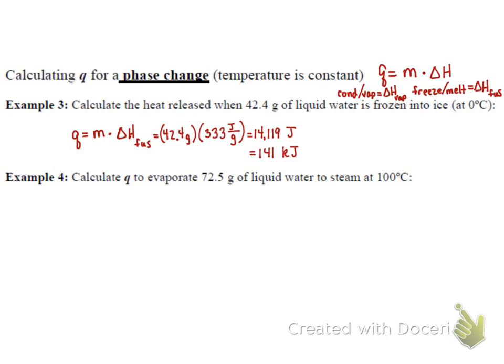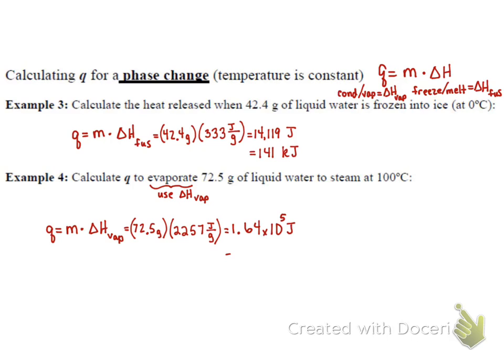Okay, the last one, calculate Q to evaporate 72.5 grams of water to steam at its boiling point. Because it says evaporation or vaporize or boiling, we are going to use the delta H of vaporization.